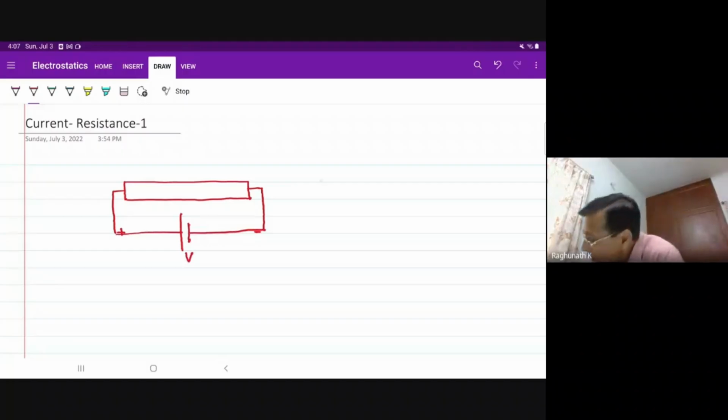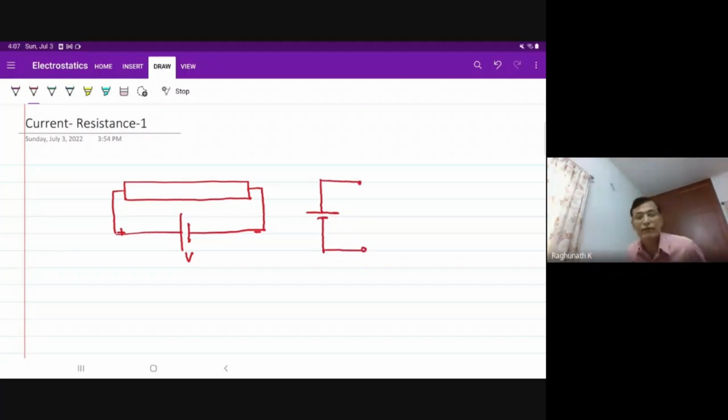This DC source of V volts, when I just say in network analysis, it says the potential difference between the ends of this device is V volts.